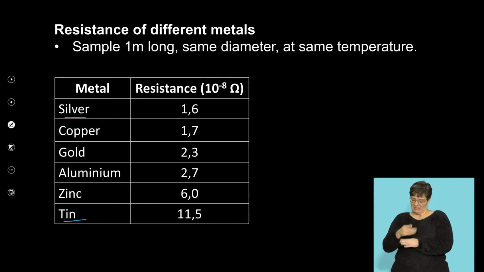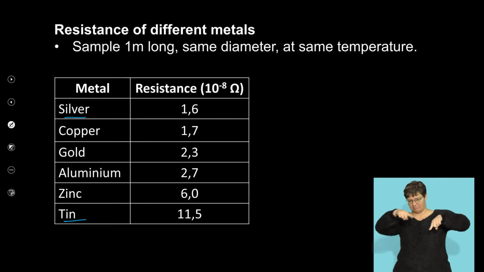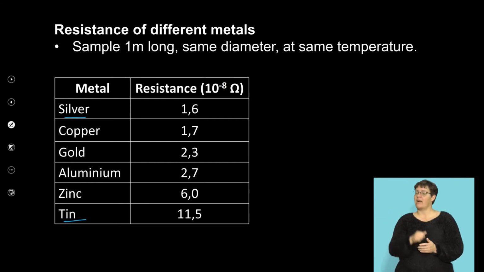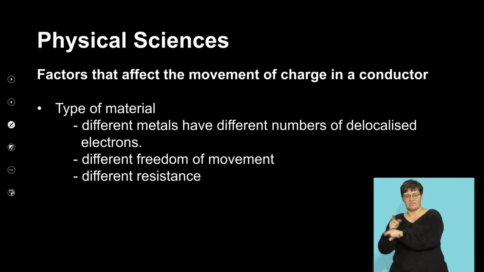And then we've got everything in between, but this is just a sample of the different types of material. So the flow of charge within a material is affected by the type of material. Different metals offer different resistance to the electric charge.